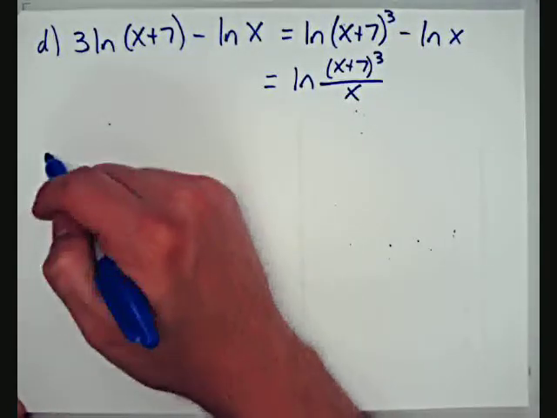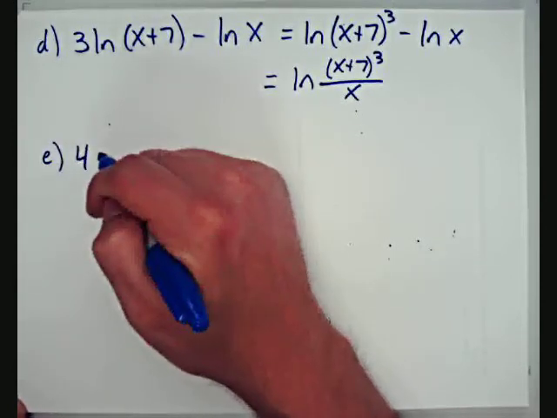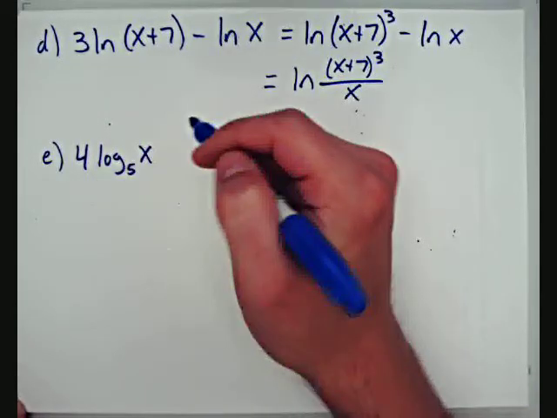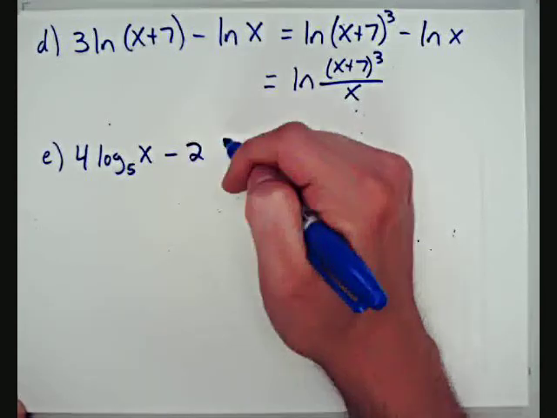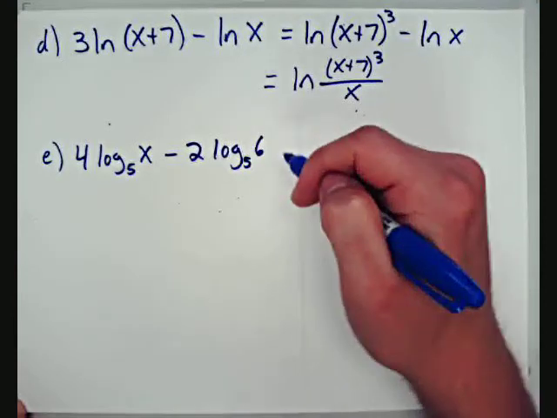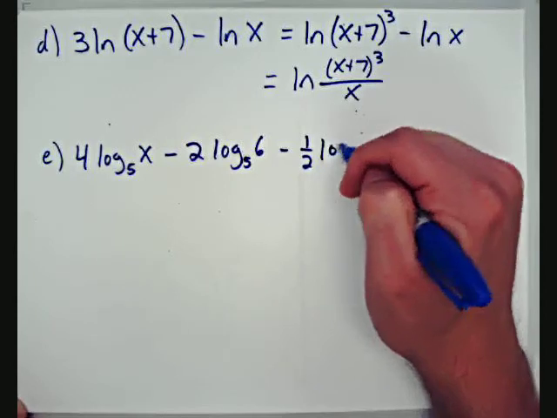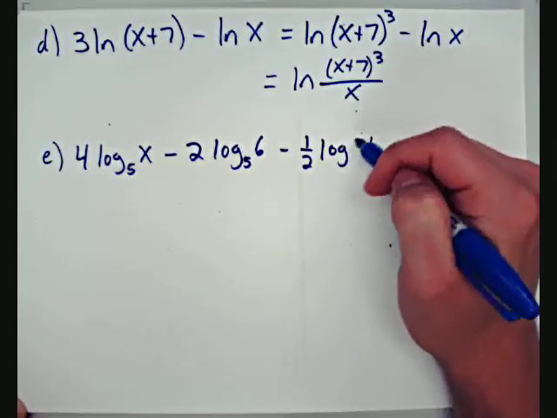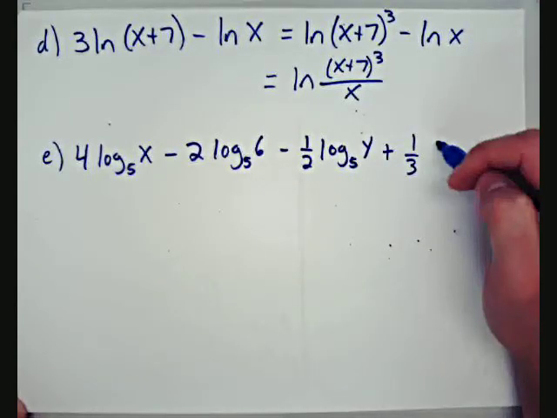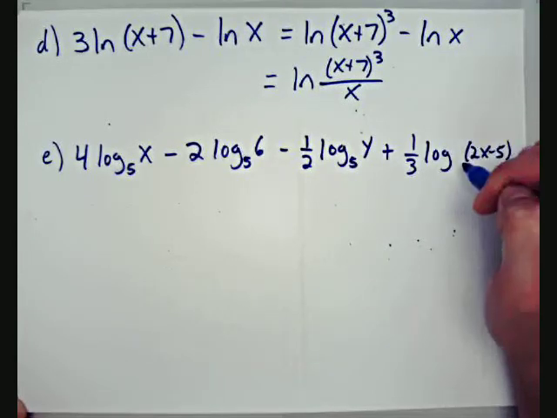And lastly, example 5e, 4 log of x base 5 minus 2 log of 6 base 5 minus 1/2 log of y base 5 plus 1/3 log of 2x minus 5 base 5.